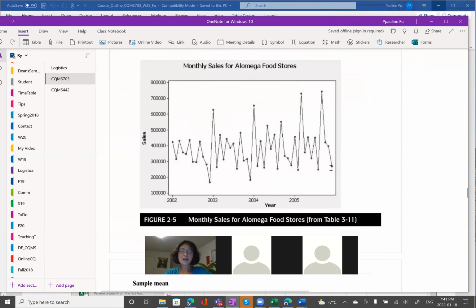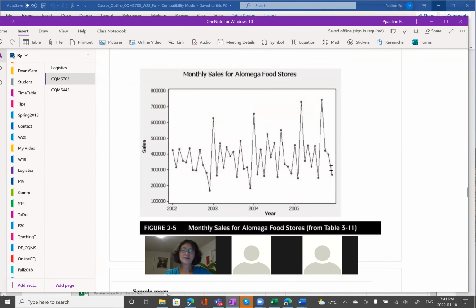So this diagram shows the monthly sales. Imagine you are in a food store, monthly sales. It is from year 2002 to maybe year 2006. And during each year, it has the monthly sales. They put the data, Y-axis is the sales.